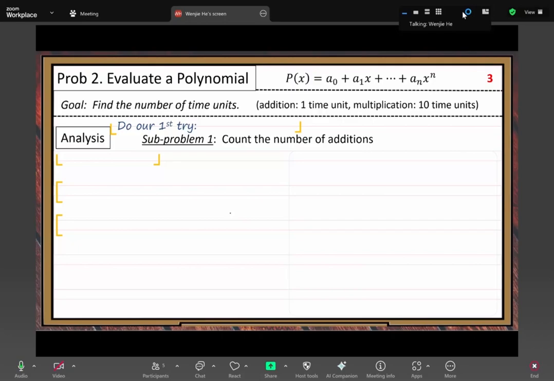One addition corresponds to 1 plus sign. The number of additions is the same as the number of plus signs. So when you count the number of additions, basically you count the number of plus signs. The question is, how do you count the number of plus signs?